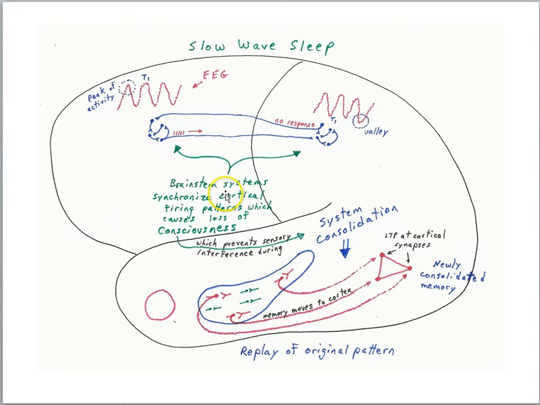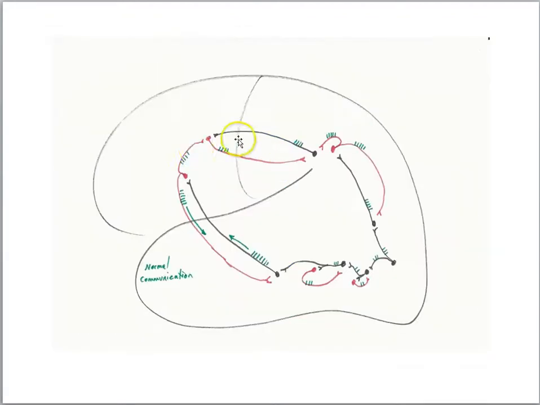So if cortical synchronization produces loss of consciousness, then desynchronization is associated with consciousness. So our first pass at how brains produce consciousness: you have to have a lot of complicated cortical communication going on in real time for the brain to produce a conscious state.